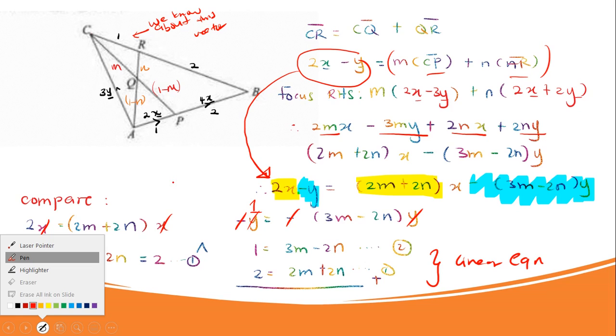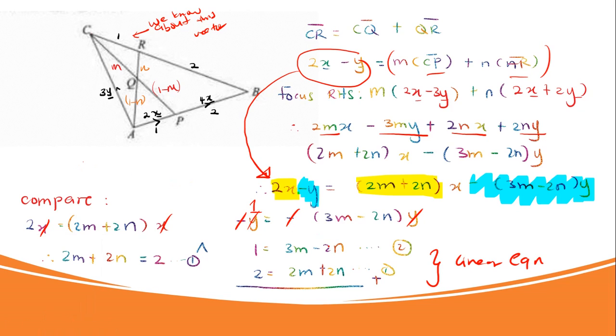Okay, whatever. So let me eliminate the n by adding the equations. So this is plus. So this is being cancelled, so nothing over there. 3m plus 2m is 5m equivalent to 3, so m equivalent to 3 over 5.